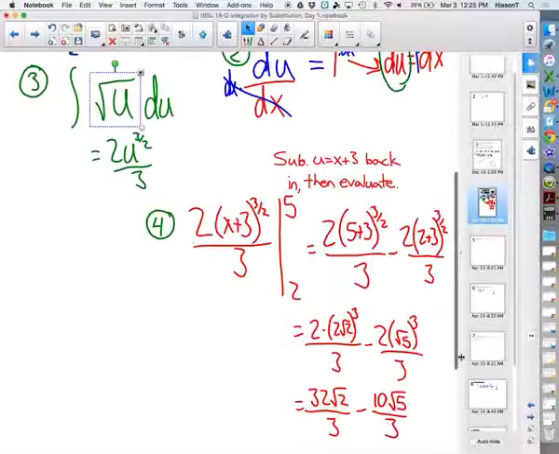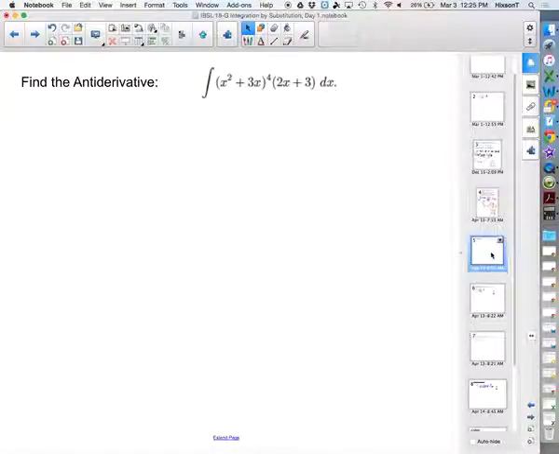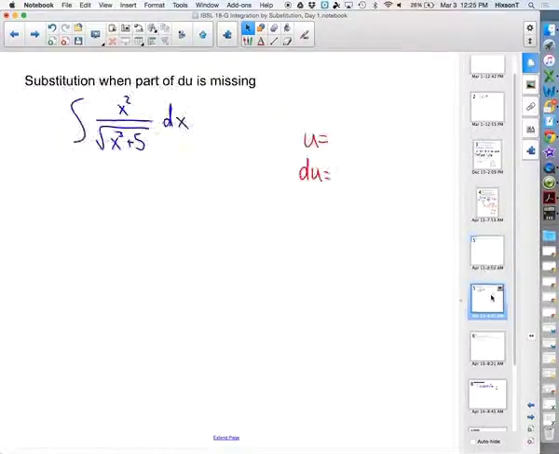I want to use this one, we did this one yesterday. Let's take a look at this one and go through the steps here. Now, when you're looking at these, identifying u is going to be the challenge.